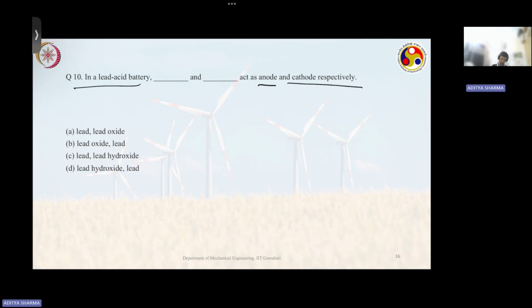Lead, lead oxide, lead oxide, lead, lead, lead hydroxide, lead hydroxide, lead. I have written the reactions involved also. So lead acts as your anode where oxidation takes place, and lead oxide as cathode where reduction takes place. So A is the correct option.